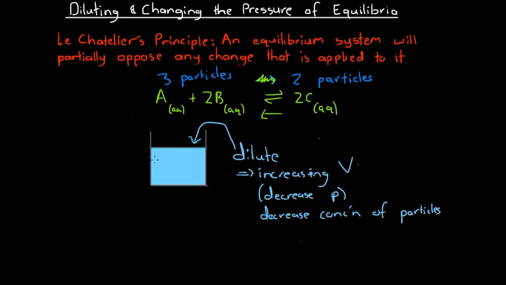It's also important to realize that when we dilute, or increase the volume of, a gaseous mixture, there's an immediate change to the concentrations of individual gases, as well as the net reaction that occurs in order to allow this equilibrium shift.